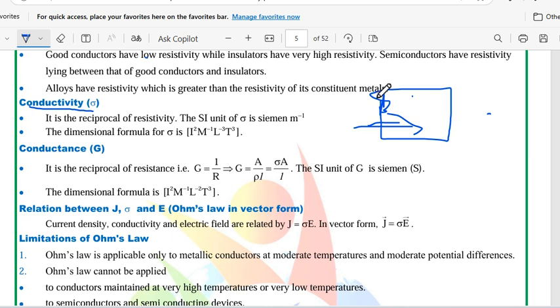Conductivity is denoted by the letter sigma. It is the reciprocal of resistivity.